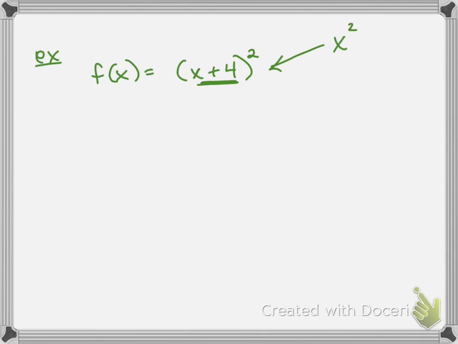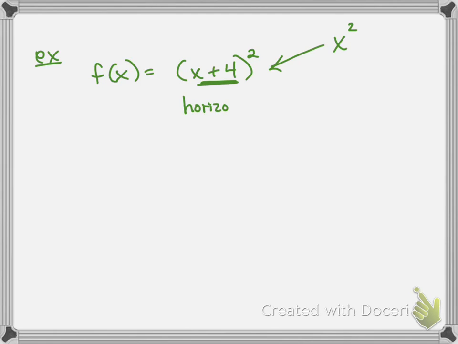So, for an example, what if you had x plus 4 to the second power? Then that is taking the parent function and it's transforming it or changing it. And the thing that was different is this plus 4. So it's in there with the x, so it's horizontal.